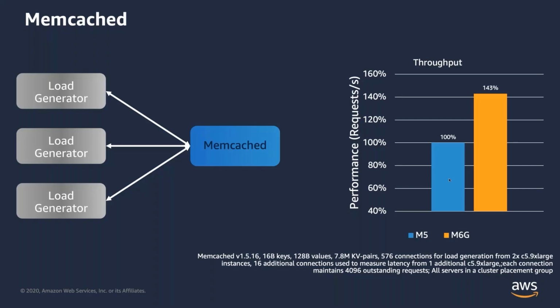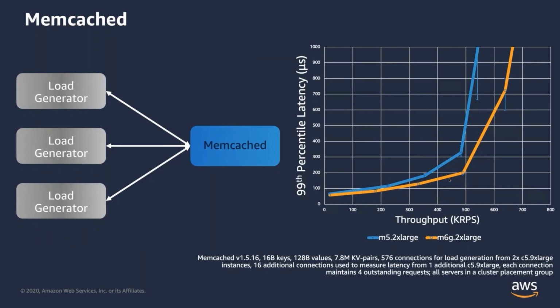And we can see that on an M6G, we get up to 43% more requests per second from memcached compared to M5. If we look at the latency for those requests, we also see that not only do we get more requests per second, but the 99th percentile latency is better on M6G compared to M5.